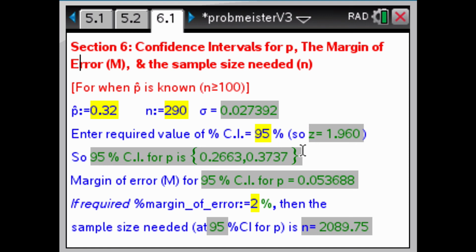So you can enter in the sample size, you can enter in the confidence interval required, and the rest of the calculations can be done. And then finally, if you require a certain margin of error, then it will create that.